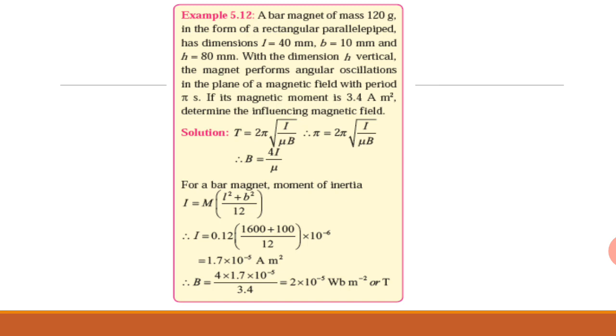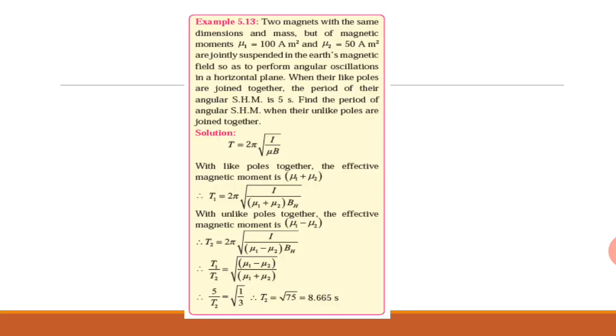This is just a standard formula we know for a bar magnet. Okay, so we will get the magnetic field strength. Our magnetic field strength is 2 into 10 to the power minus 5 Weber per meter square, or Tesla. Okay, so this is the numerical.